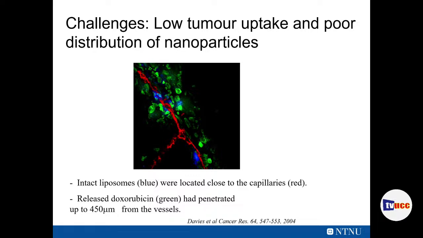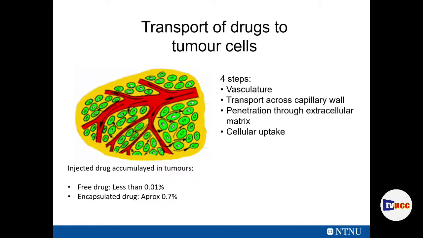And if you think about it, which steps do we have to get a successful delivery? First of all, it needs a vasculature. We need blood vessels, which are like the highway. Then it has to cross the capillary wall, and I explained to you that the blood vessels are leaky, so that might not be the most difficult step.